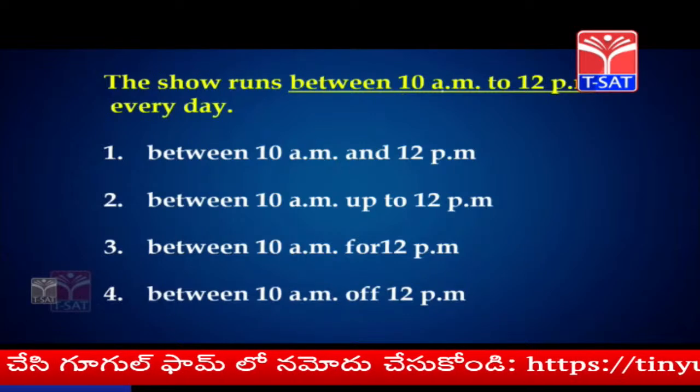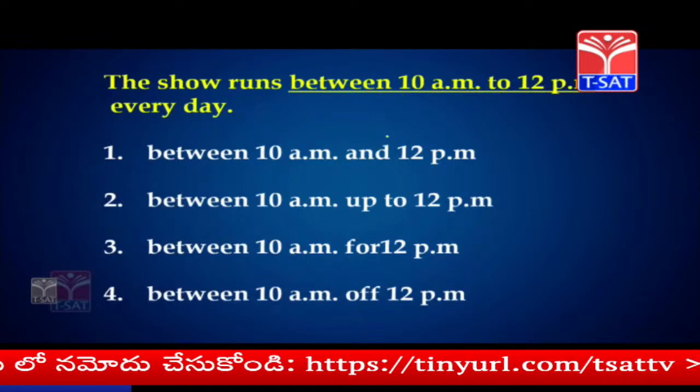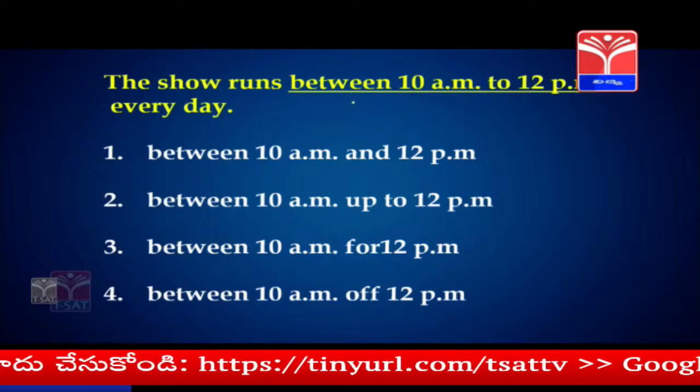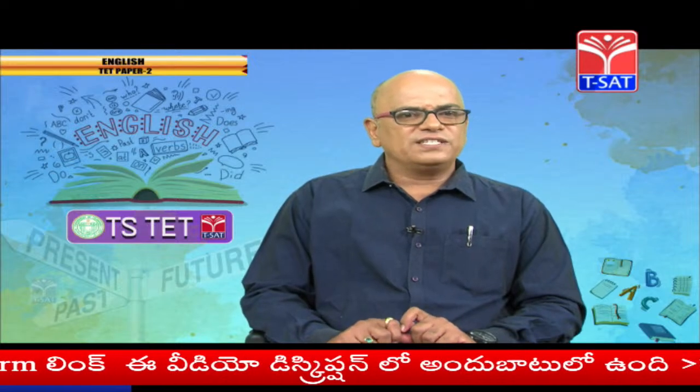And the show runs between 10 a.m. to 12 p.m. every day. So, how to use the word between? Generally, when we refer to duration, we say the office works from 10 to 5, or the office works between 10 and 5, or the office works from 10 till 5.